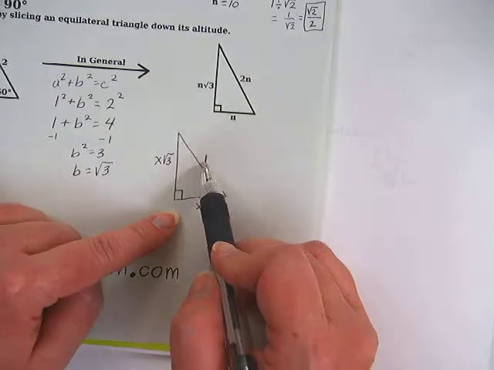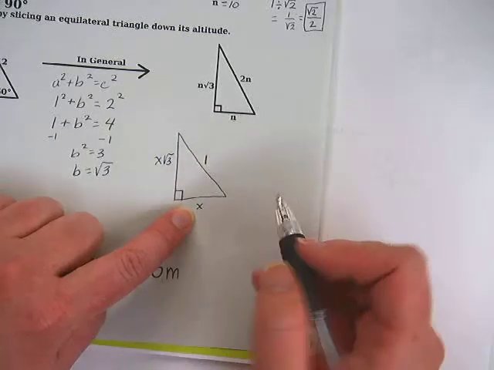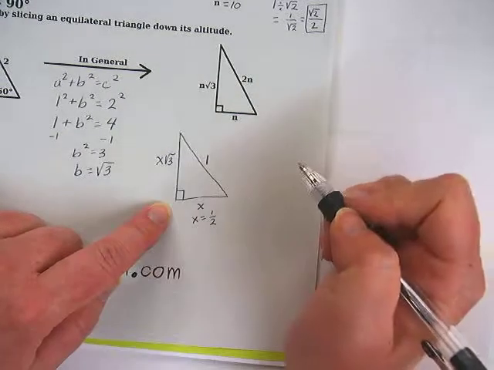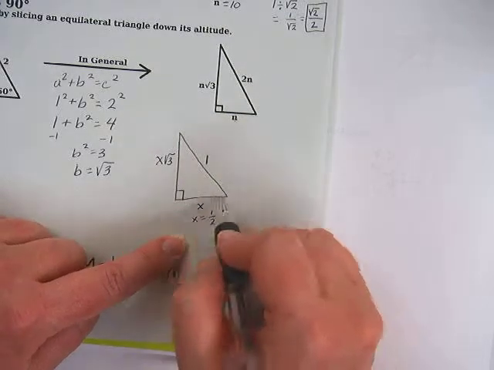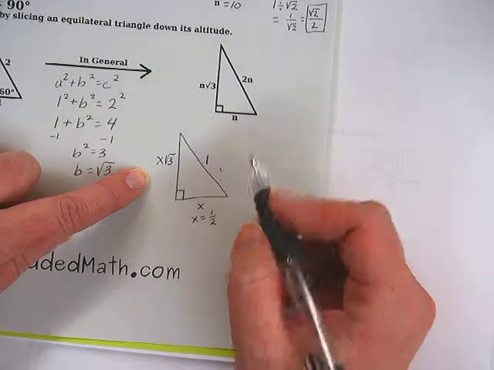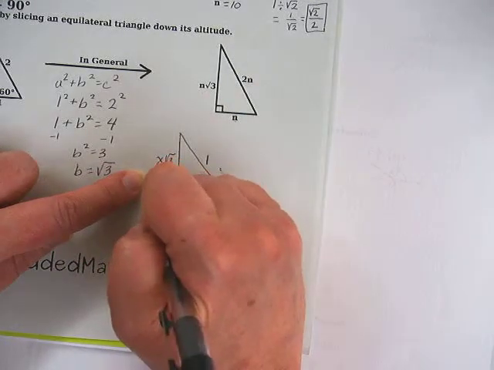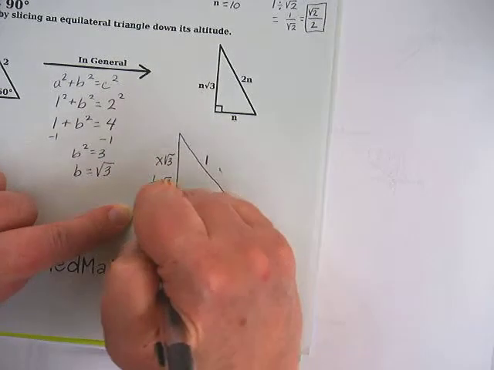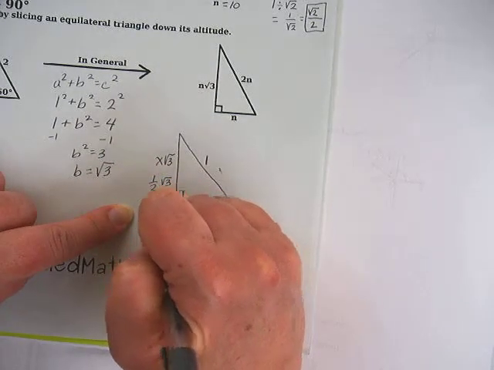So if this is a 1, half of 1 is 1/2. So if x equals 1/2 for the short leg, because the hypotenuse is 1, then the long leg will be 1/2 times the square root of 3. A better way of writing that is square root of 3 over 2.